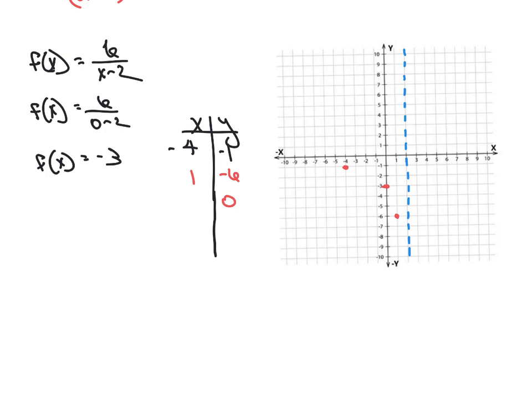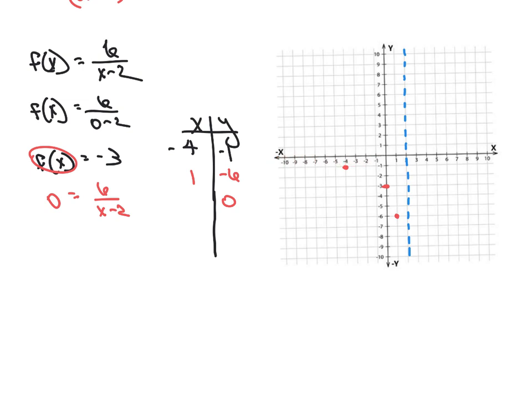If we do that, we get 0 for our y, because remember, that's what f of x is. Okay, what number can we put in here so that when we take 6 divided by this, we get 0? Nothing. There is nothing, because if we get a 0 here, it's undefined. It's not 0. There's no number. So we also know it doesn't cross the x-axis.